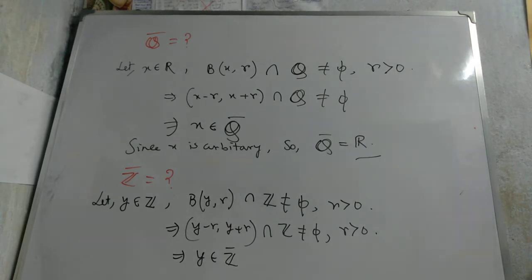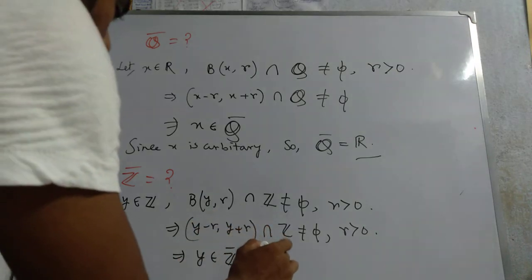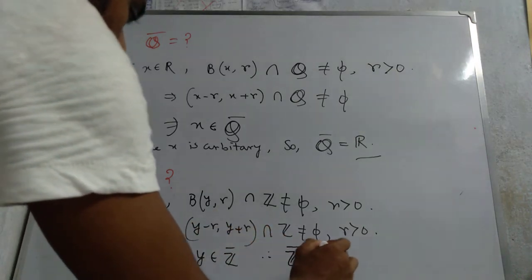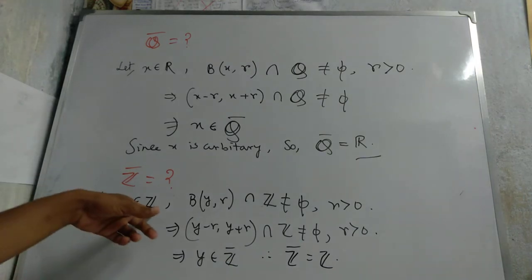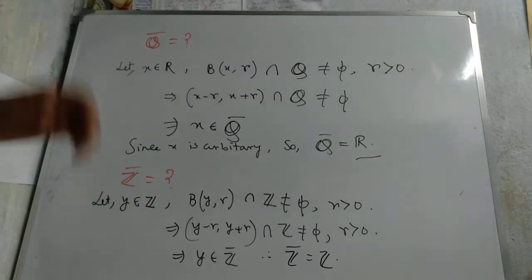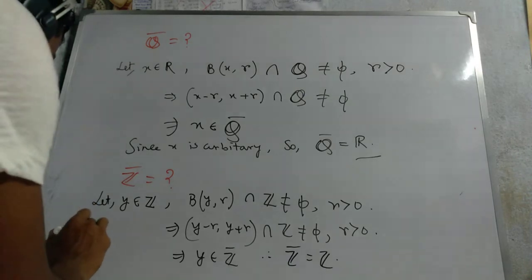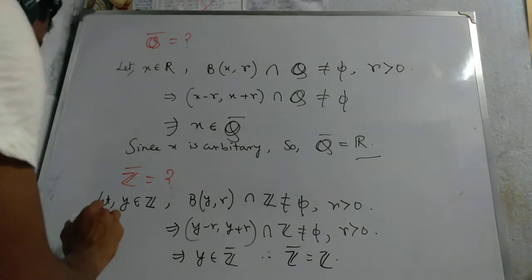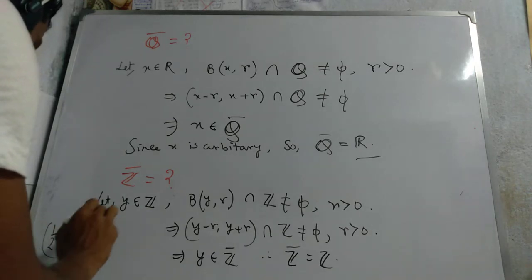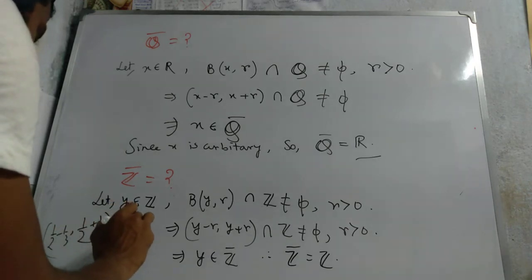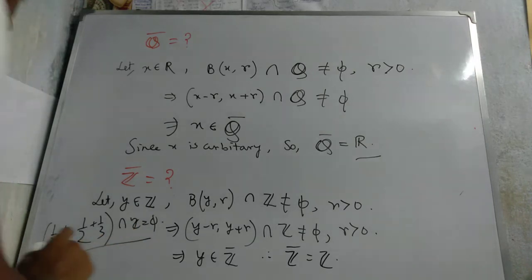So we showed that the closure of Z equals Z. If we take a point like one half, then this one is not possible, because if we consider the interval (1/2 minus 1/3, 1/2 plus 1/3), then this does not intersect Z, so it is empty. If it were any real number, then this one would hold.